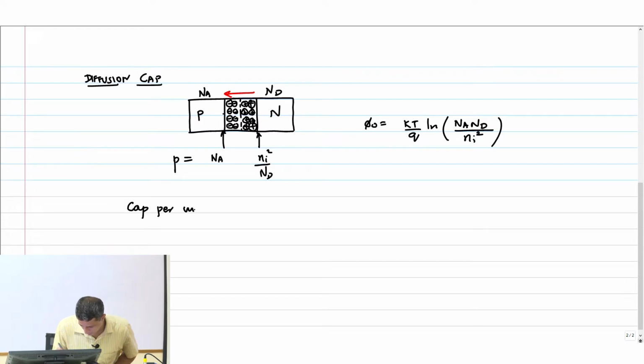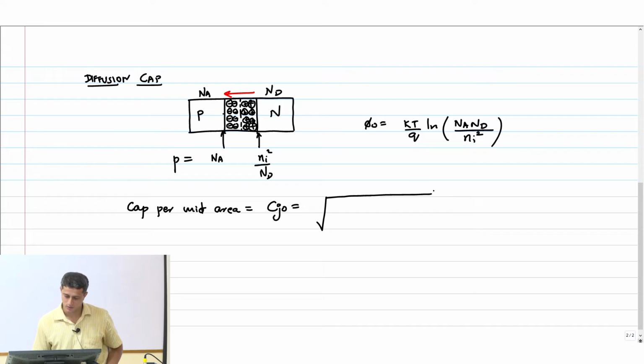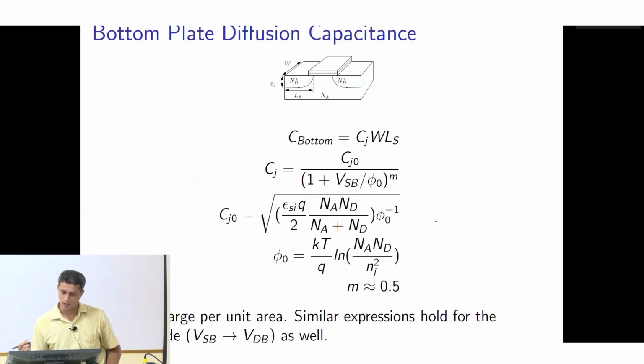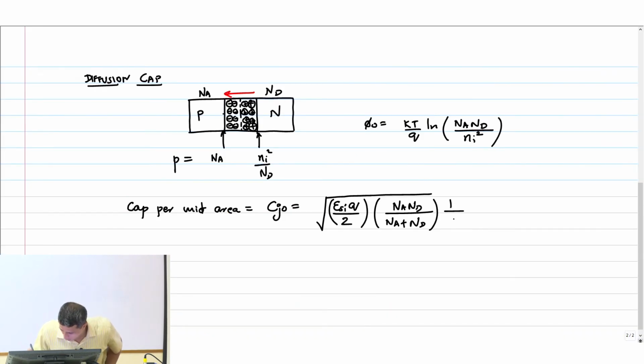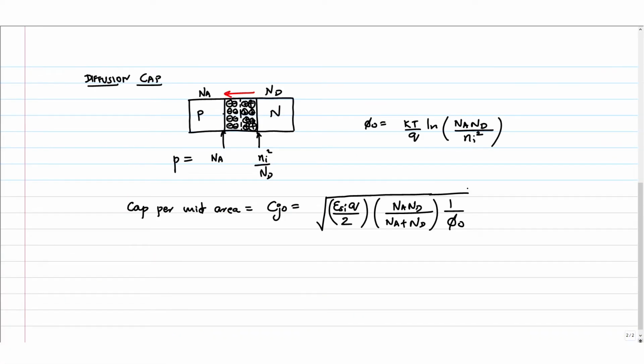Capacitance per unit area is equal to Cj0, which is the root of epsilon silicon Q by 2, into Na Nd by Na plus Nd, into 1 over phi naught, and phi naught is the expression as given here.